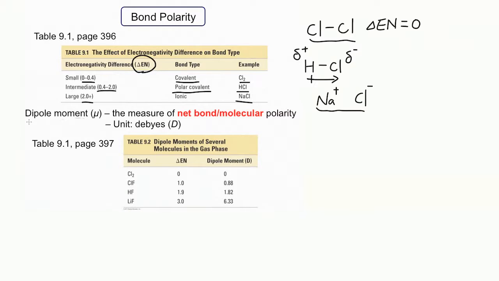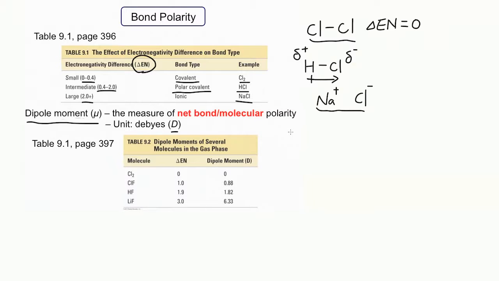And in chemistry, we do have a parameter, the dipole moment, mu, to measure the bond or molecular polarity. The unit of this dipole moment is the debye. And what's the connection between the dipole moment, electronegativity difference, and the bond polarity? Here is a trend.